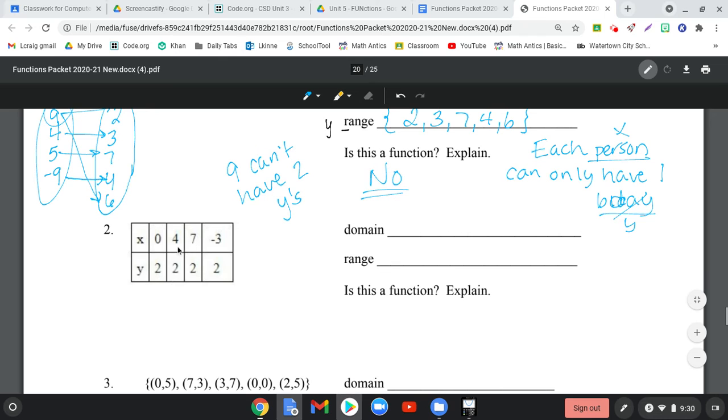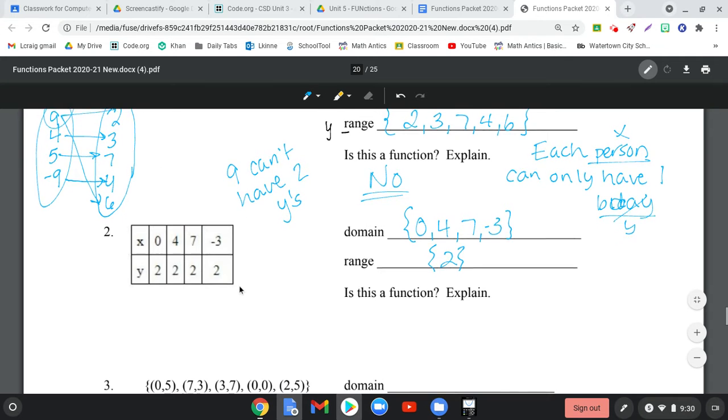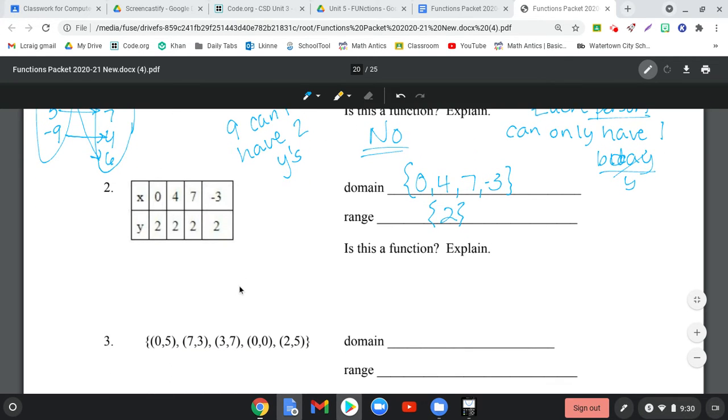Okay, so domain on the next one, 0, 4, 7, -3. And our range, 2. There's just one range value. Is it a function? Explain. Remember, each X can only go to one Y, but more than one X, more than one person, can all have the same birthday.